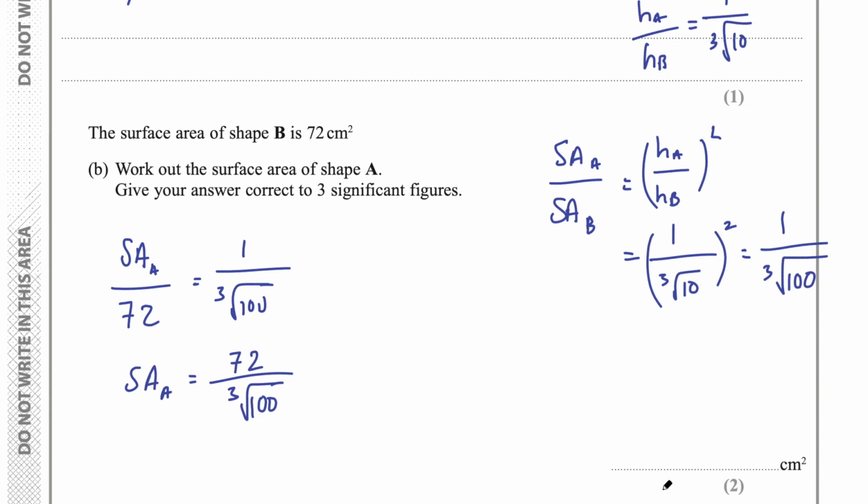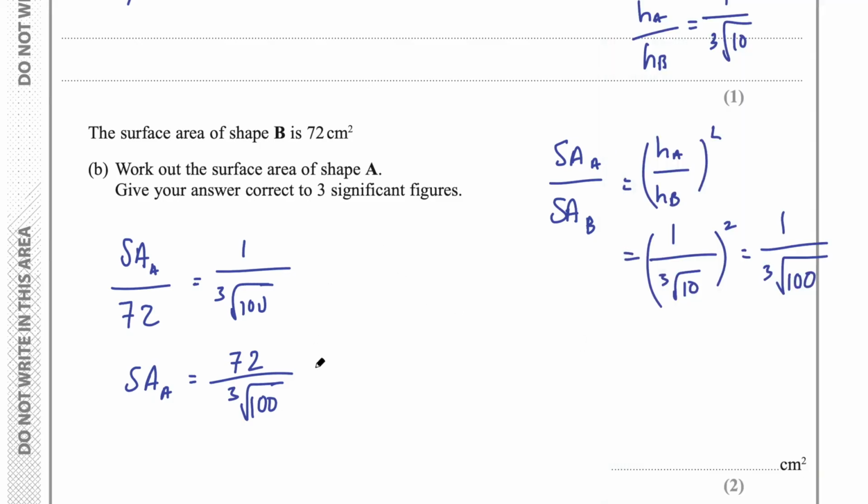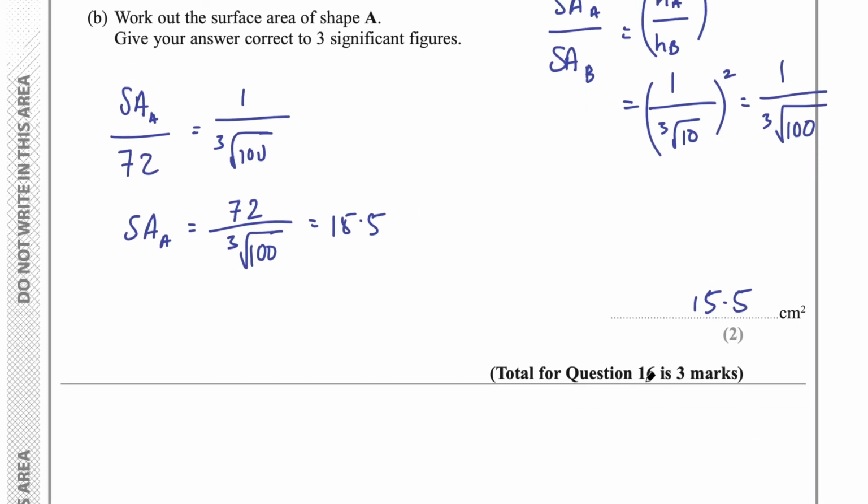And if we put that into a calculator, 72 divided by the cube root of 100 equals 15.5119, and it says to 3 significant figures, so this will be 15.5. Okay, for a final answer, that was 2 marks, and question 16 for a total of 3 marks.